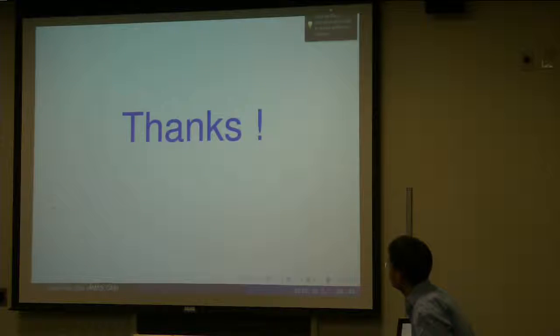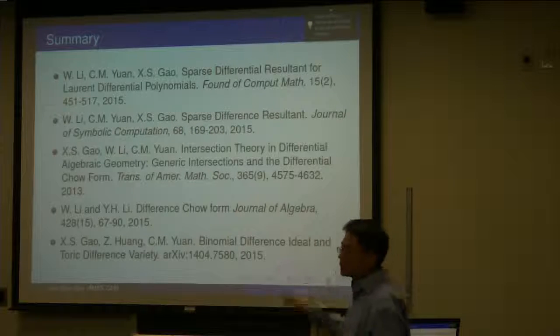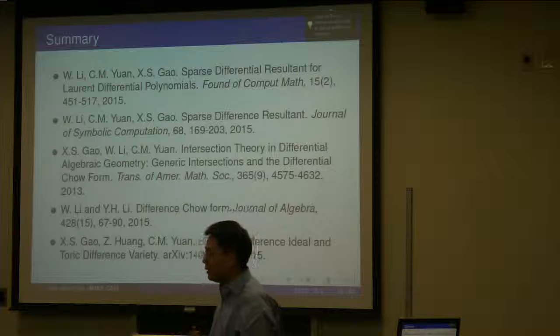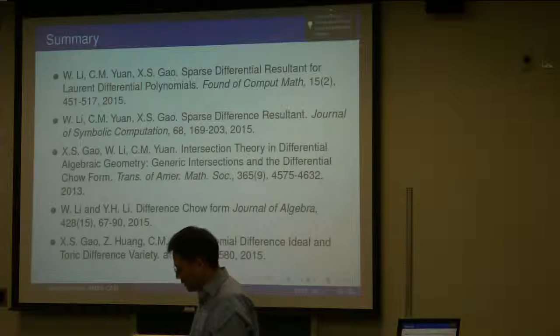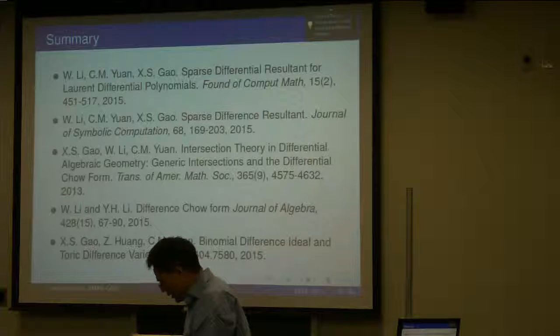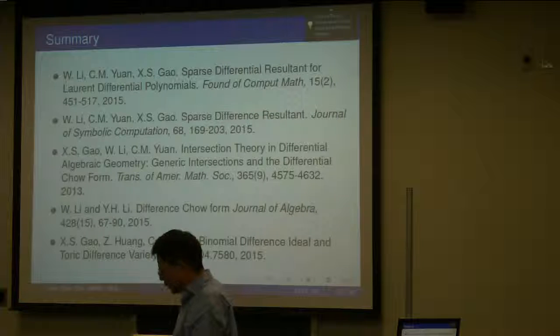I think most of the papers are published. In your sections on difference varieties, are you following Richard Cohn's development or Hrushovski's, or which development do you use to define difference varieties?